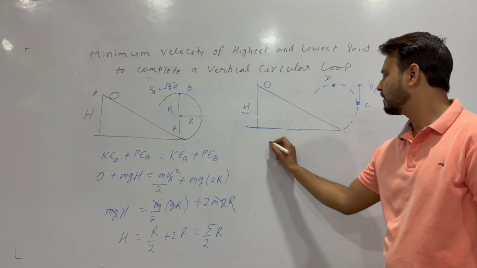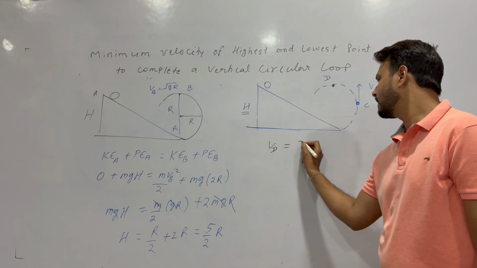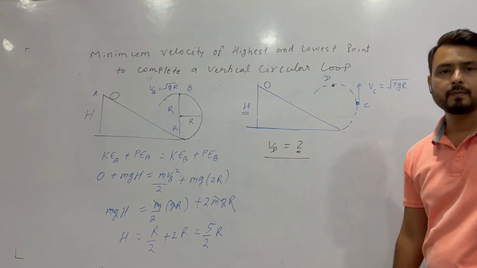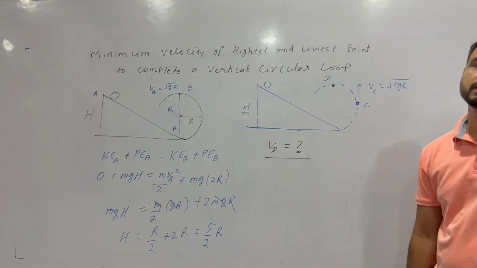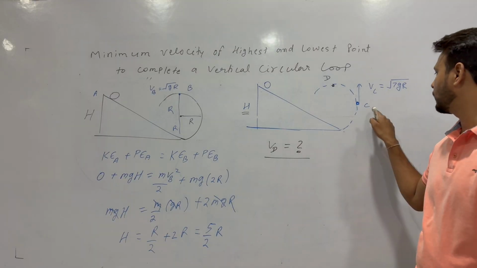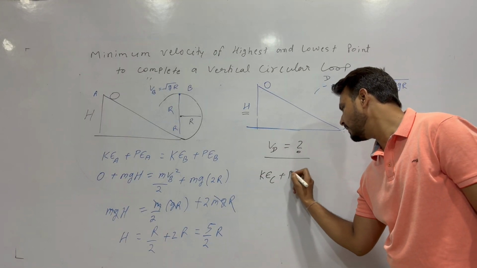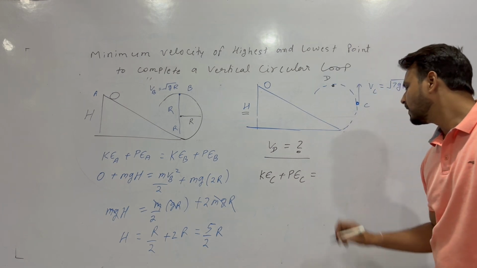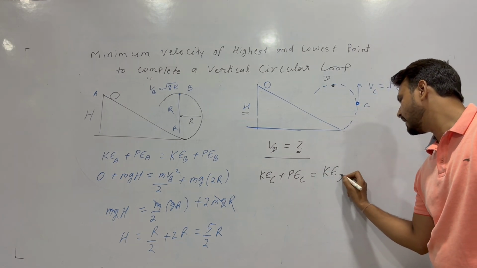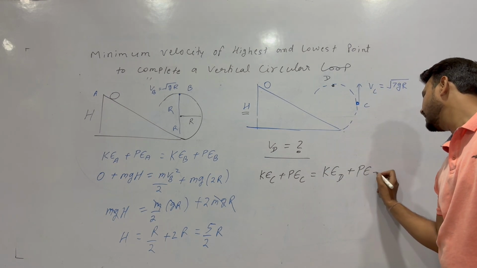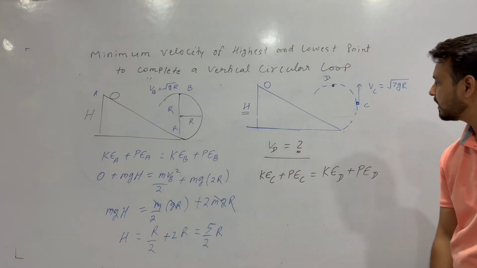So firstly, for determining velocity at point D, we'll use again the law of conservation of energy between these 2 points C and D. So sum of kinetic energy and potential energy at point C will be equal to sum of kinetic energy and potential energy at point D. What is kinetic energy at C?